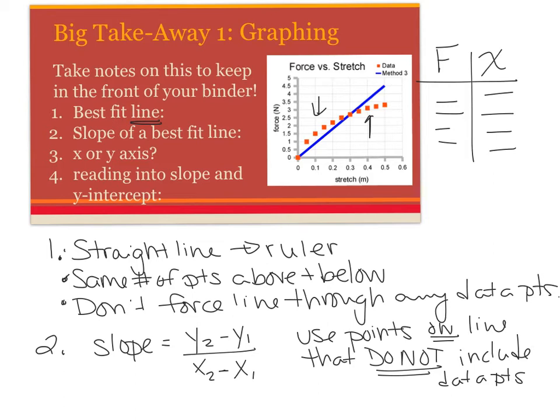So all these tick marks cross each other at certain points, and if your best fit line crosses where they cross, that's a good point to choose. So this, for example, is a good point to choose because it shows a point on my line where my x component is 0.1 and my y component is 1, and that's easy to see. So that's how I choose these points.